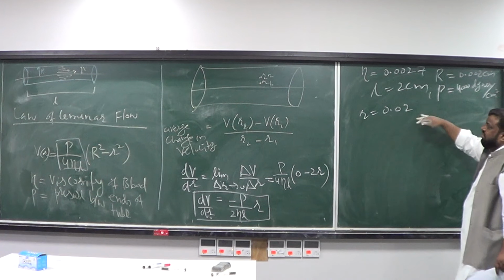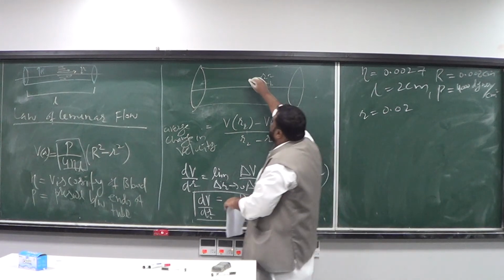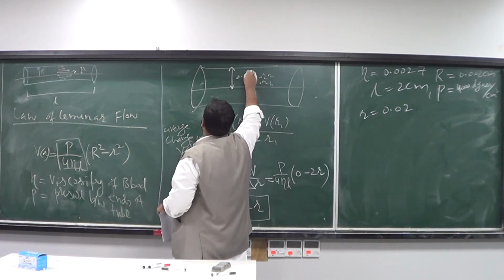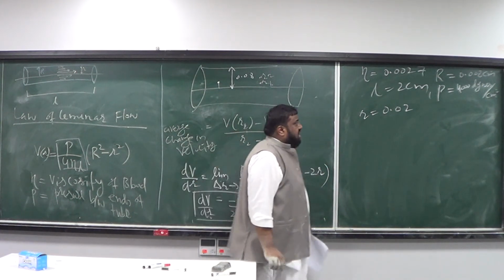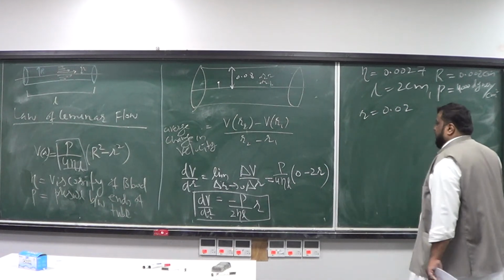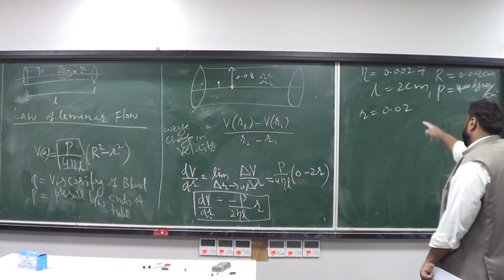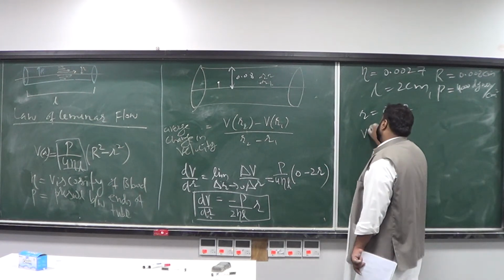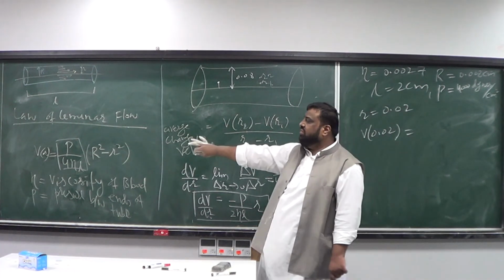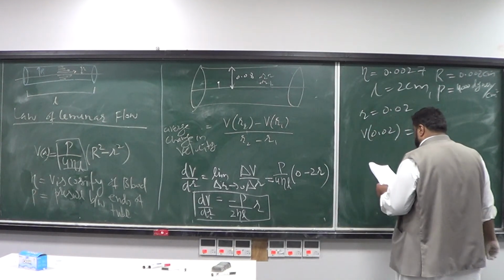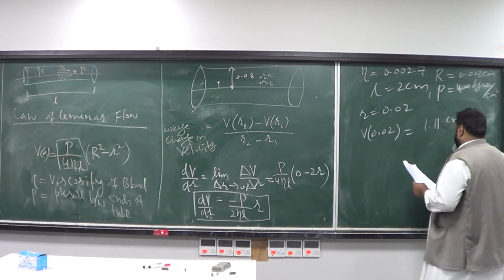So you are pretty close to the central axis, because if the total distance is 0.08, then 0.02 is going to be somewhere here. What would be the velocity of the blood at this radius? You need to substitute 0.02. You have all the data, substitute it into your formula, and you will see that you get 1.11 centimeter per second.